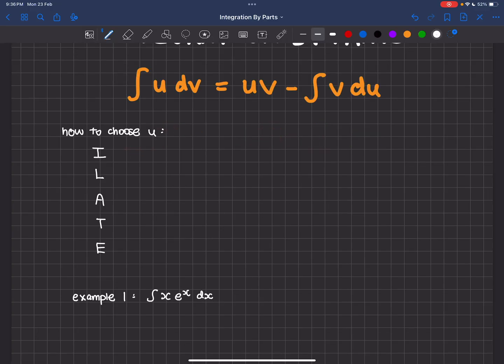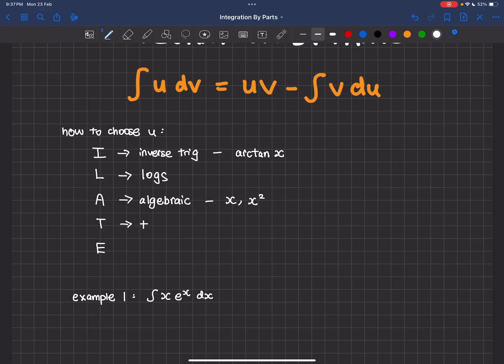So this is the rule, LIATE. I is for inverse trig, so you know stuff like arctangent. It'll be in your formula booklet. L is for logs. A, algebraic, so basically whatever x squared.